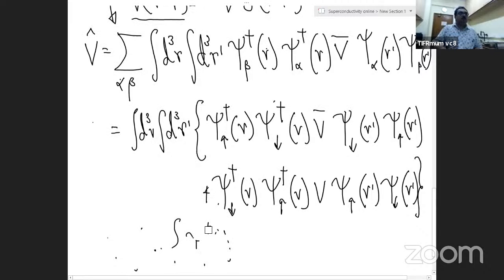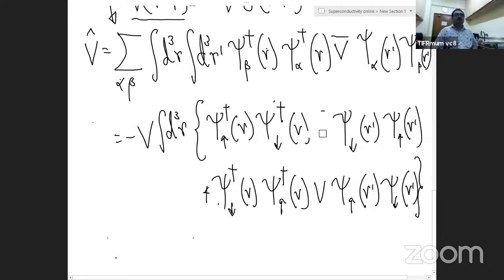Okay, let me remove this and do the integration. So in the integration, I am integrating over R prime. So the dq bar remains. I will get minus V here. This will go.